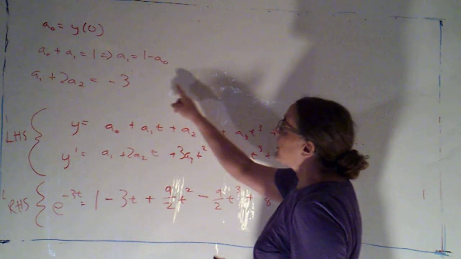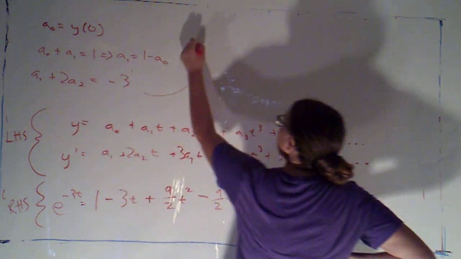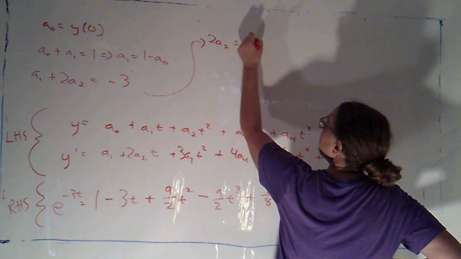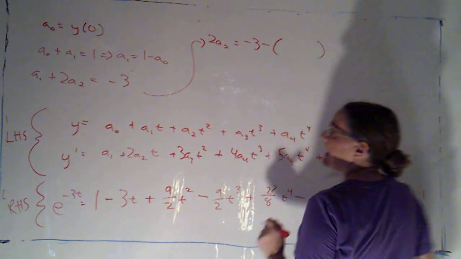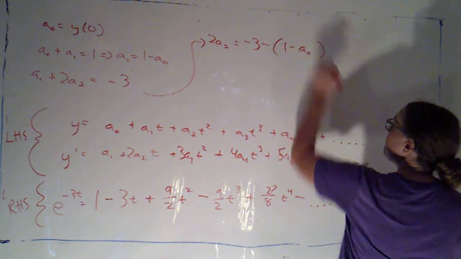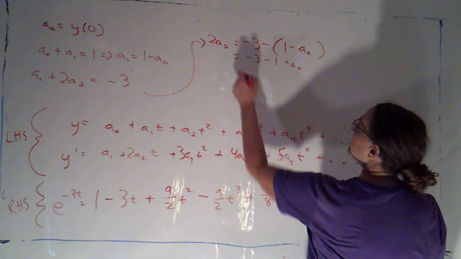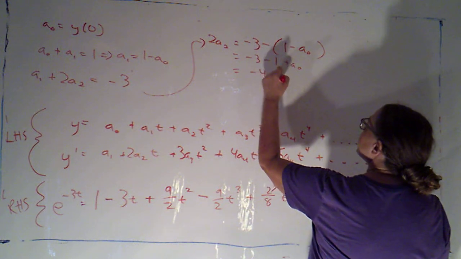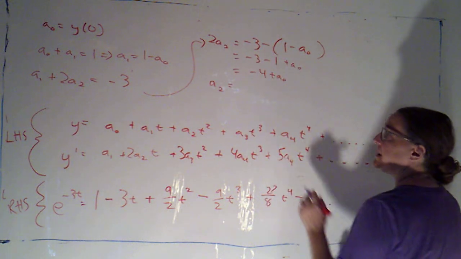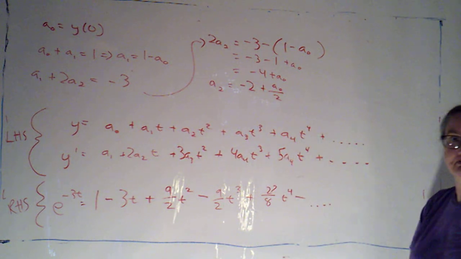I want to plug in what I know for A1. So I'm going to subtract over A1. So 2A2 is equal to negative 3 minus A1. But for A1, I'm going to write 1 minus A naught. So I'm going to get negative 3 minus 1 plus A naught. So that's going to be negative 4 plus A naught. So A2, I'm going to get by just dividing by 2. We'll have negative 2 plus A naught divided by 2.